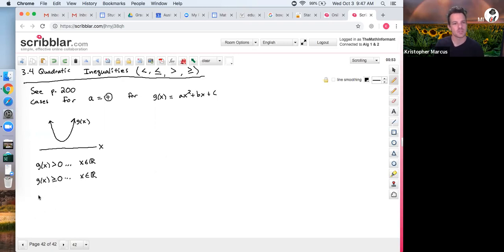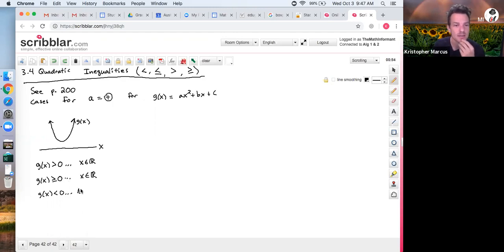What if we flip this around? Where is g of x less than a height of 0? Ooh, looking at that graph, none of the heights are negative. There's no height that drops below the x-axis. What does that mean? That means there are no x's that are real that would make this work.